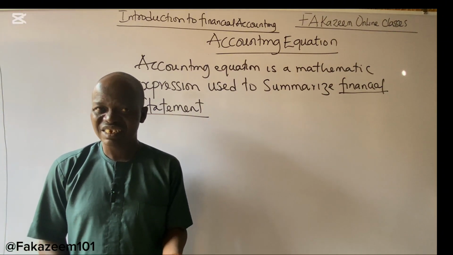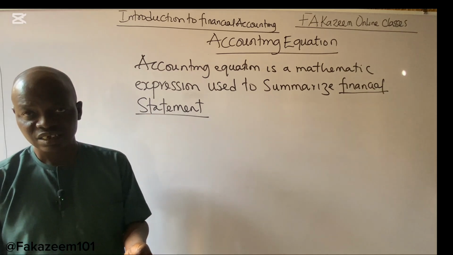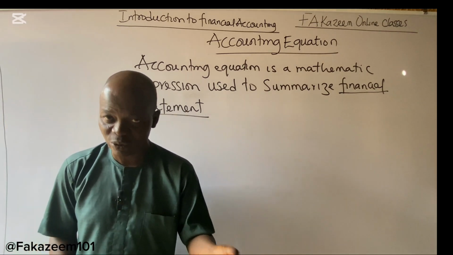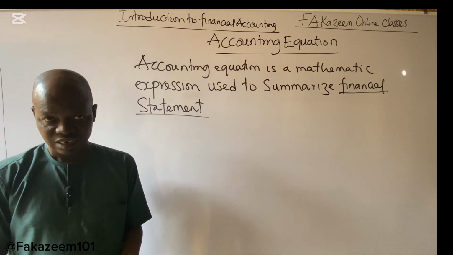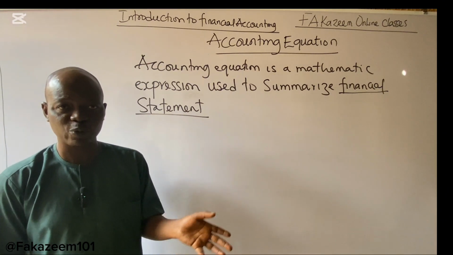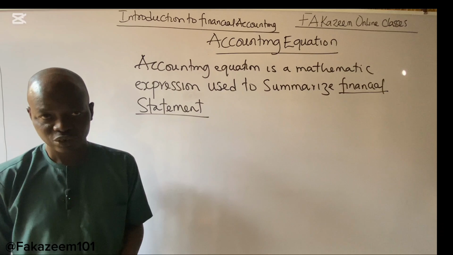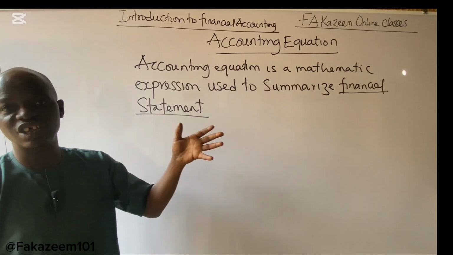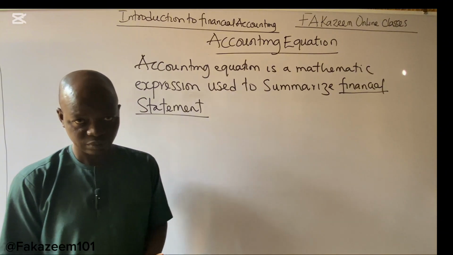In that case, there is need to summarize the financial statement into what a layman can understand. Due to this, we are able to come up with accounting equation, using a mathematical equation to summarize the financial statement of an organization.